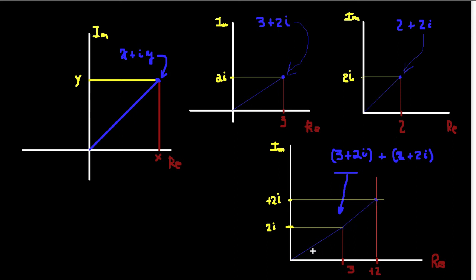This line with its direction and size plus this line with its direction and size gives us our new complex number, which has the real part 3 plus 2, and the imaginary part 2i plus 2i, or 4i. So that's pretty interesting how we can represent it graphically.